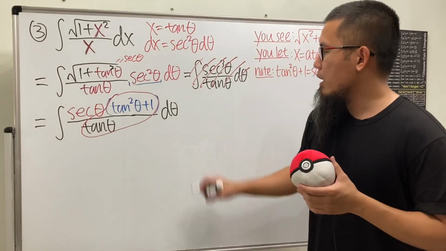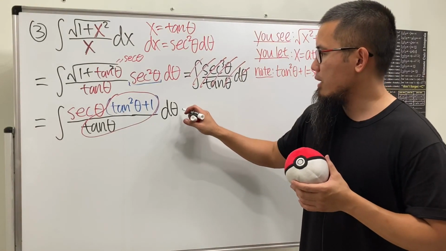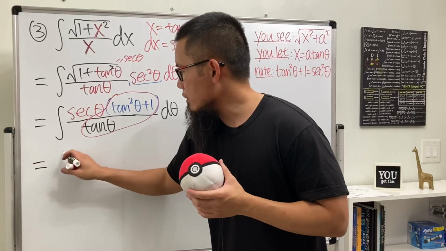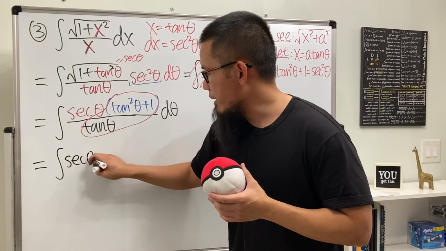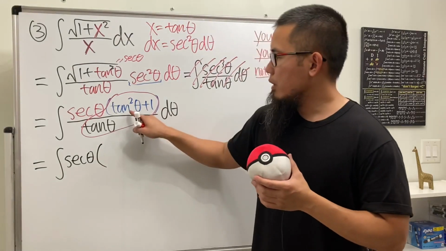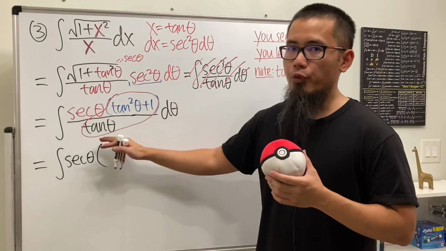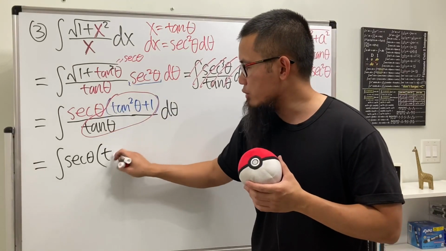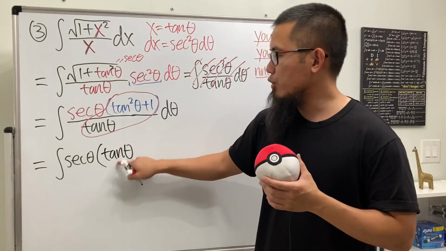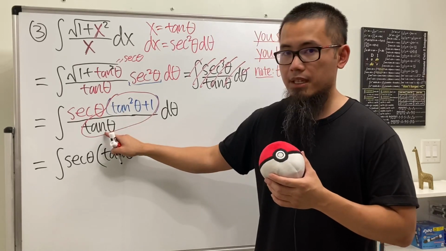Have a look. Right here, I'm just going to write it down right here. We have the integral. This is secant theta in the front right here. Well, you see we have two things on the top over tangent theta, so we can just do this over that, and that will give us tangent theta, and that's tangent to the first power, right? This over that.